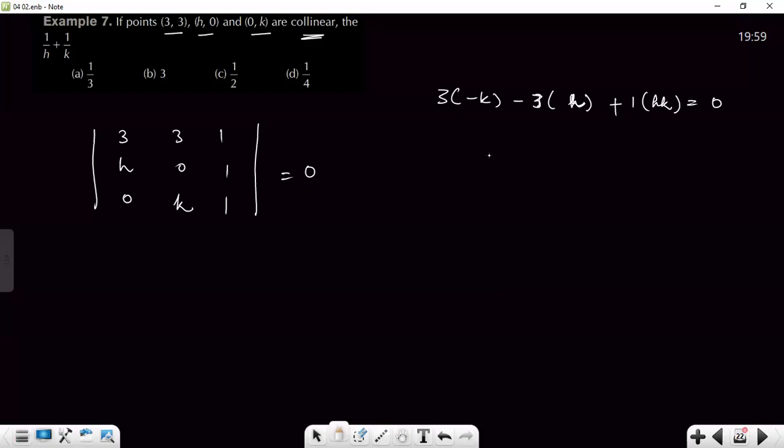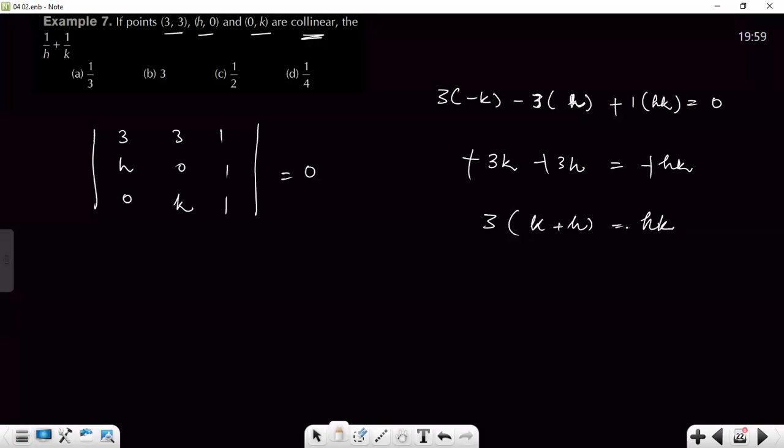So that makes us 3 minus 3k minus 3h. Bringing the hk to the right hand side, this makes it minus hk. Now multiply by minus on both sides. Here we can observe a pattern. We can take 3 common. k plus h is equal to hk.